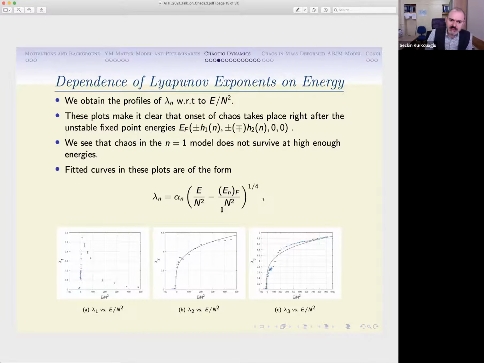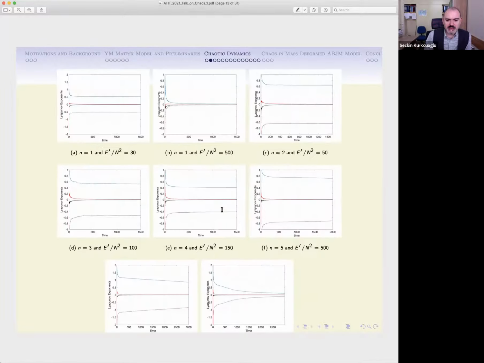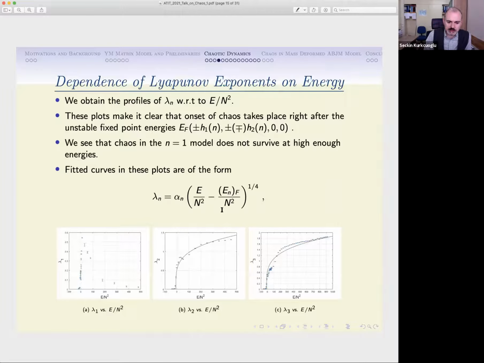So at each matrix level, instead of looking at, say, time series of Lyapunov exponents, we can run the code again at different energies and find the largest value of the largest Lyapunov exponent at a given energy.